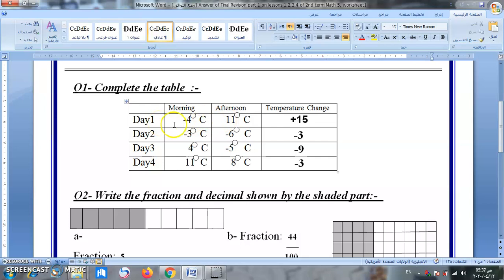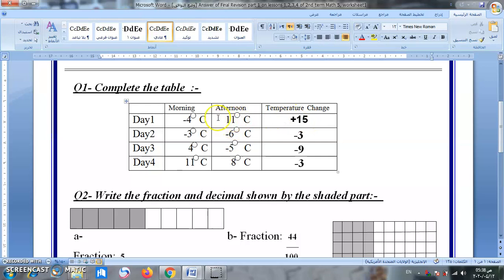This is for revision. We have morning and afternoon and temperature change, days 1, 2, 3, and 4. So for the temperatures on day 1, in the morning it's -4 degrees Celsius, and in the afternoon, 11 degrees Celsius. And the temperature change here, we said before, when you have one negative and the other positive, we add them together and put the mark.